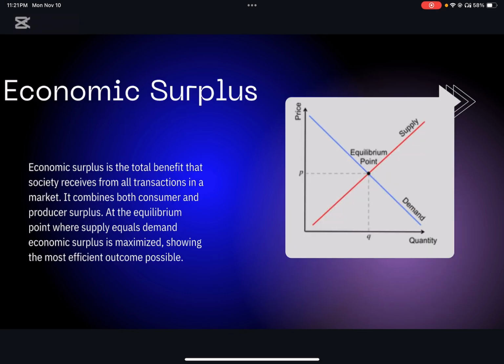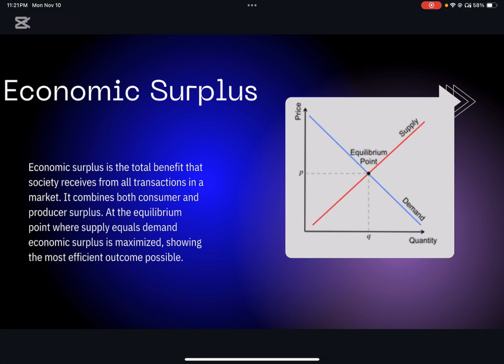Economic surplus. Now, if we add both consumer and producer surplus together, we get economic surplus, which represents the total value society gained from all the trades happening in the market. The equilibrium point, where supply equals demand, is the point where the total surplus is as large as possible.